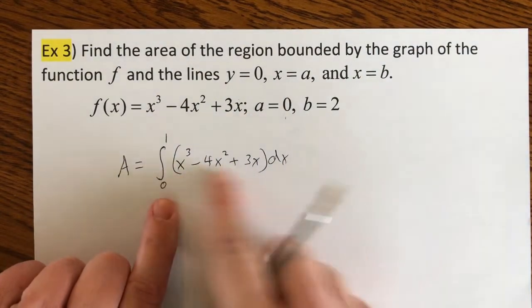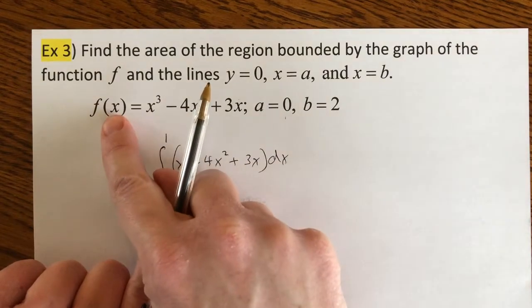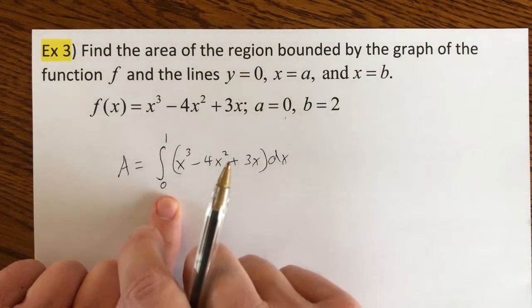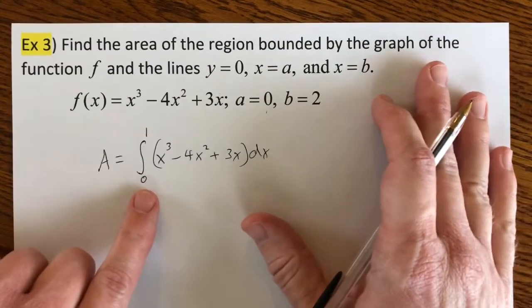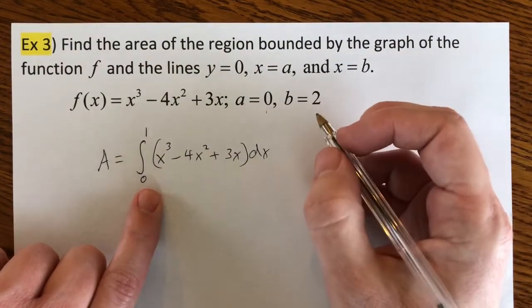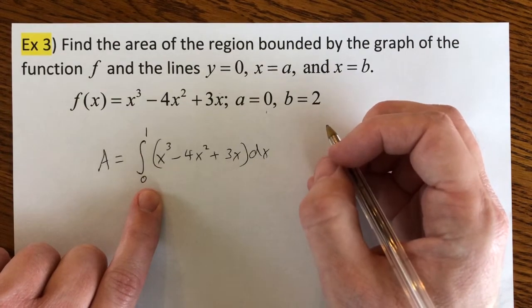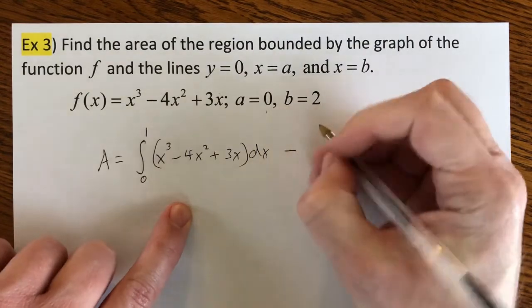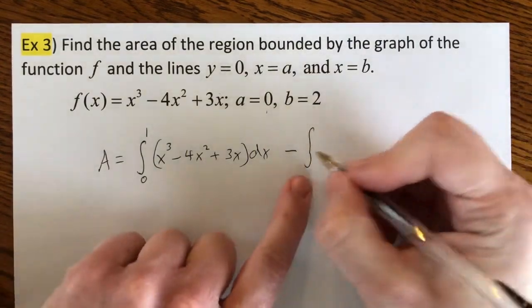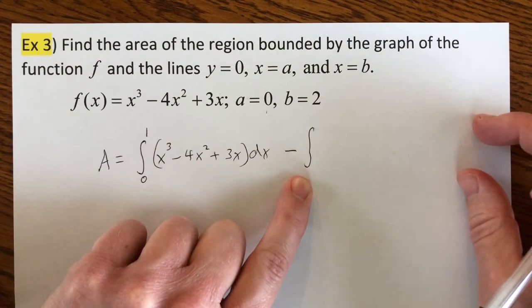So this one I'm able to set up because the graph of f from 0 to 1 is above the x-axis. But now look what I'm going to do next. Remember the second part of this graphically was below the x-axis. So we're going to subtract off that value of the definite integral, because the value of this definite integral will be negative.